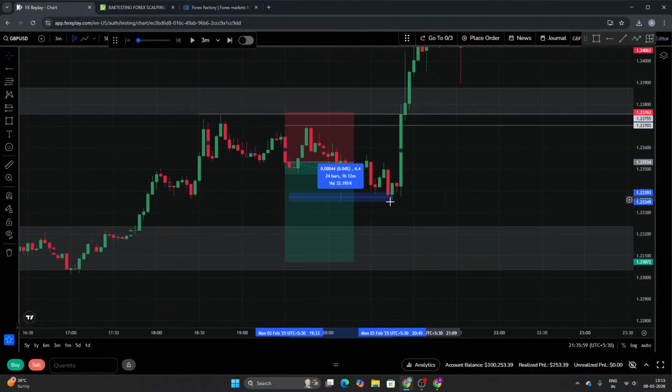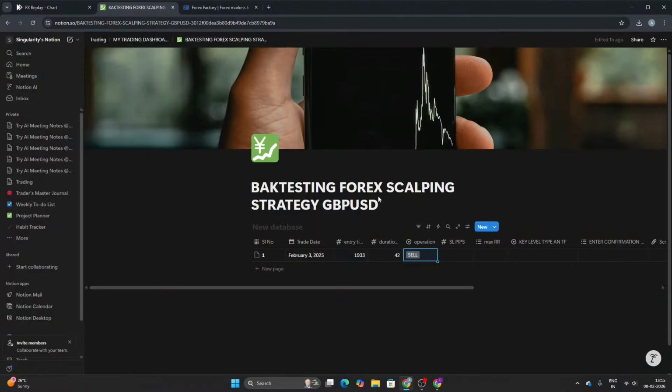Stop loss 22.9 pips. Max RR. Okay, I haven't written break even here.